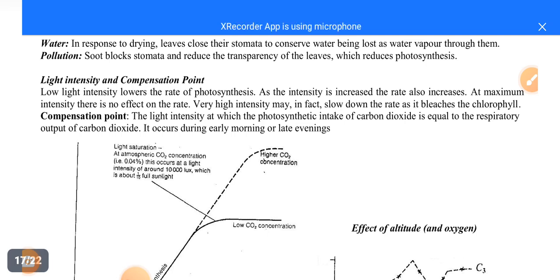When you are defining the compensation point, the moment you don't talk about the light intensity, your answer is denied the mark. So it occurs during early morning or late evening.